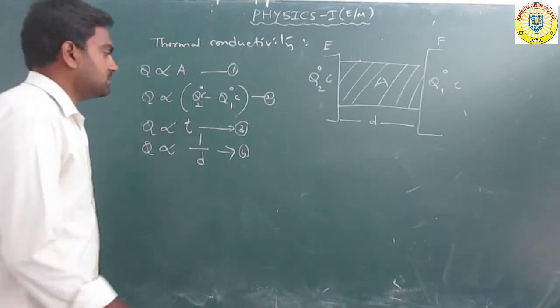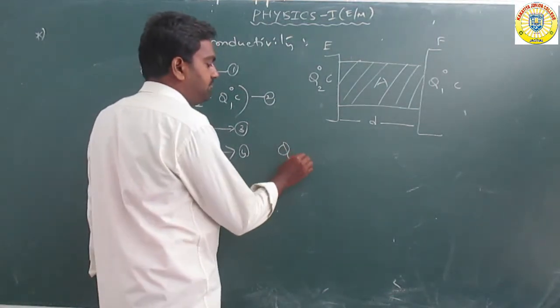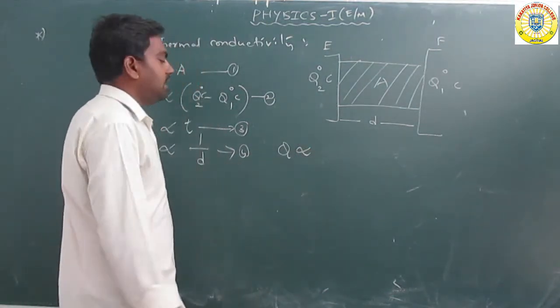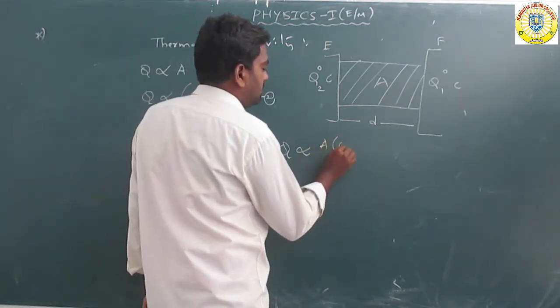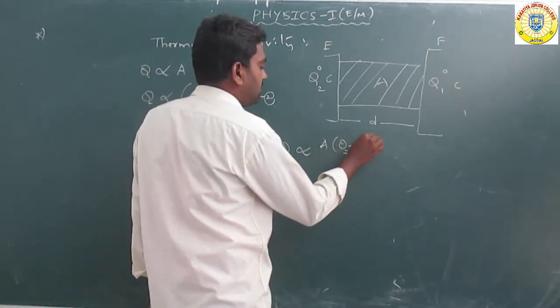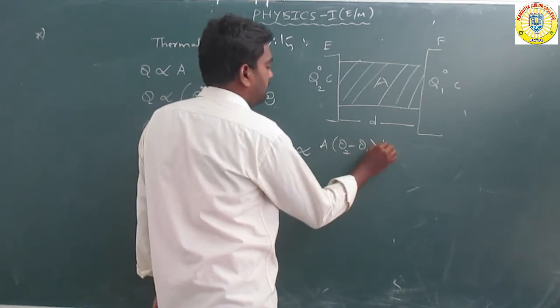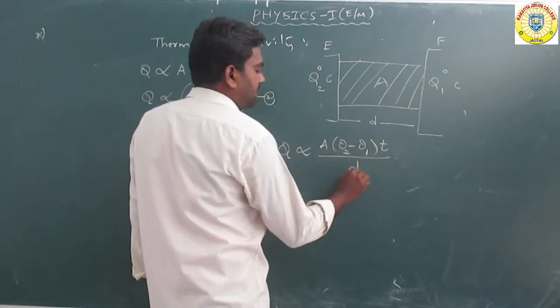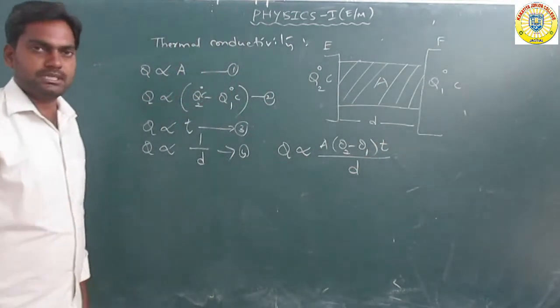So the four equations are clubbed. We can write the form: Q is directly proportional to A into theta 2 minus theta 1, into T by D, where D is inversely proportional.